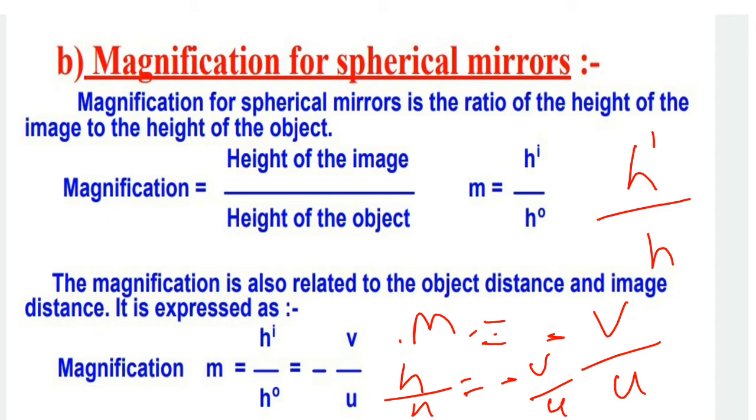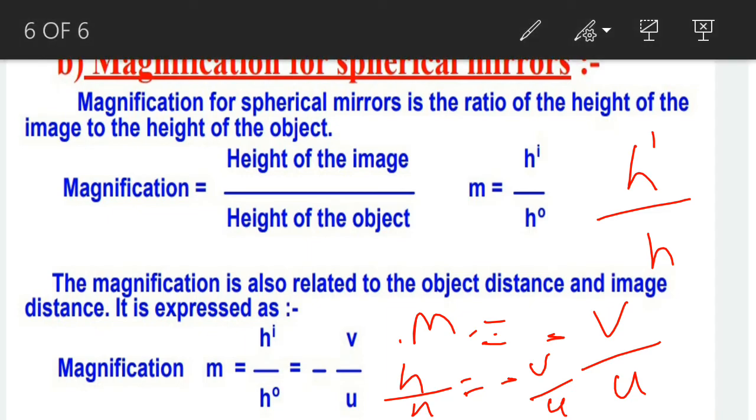Now if the magnification is positive, it means that the image is formed on the same side of the principal axis as the object.